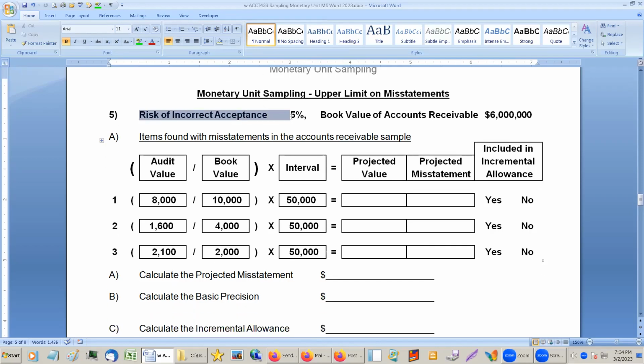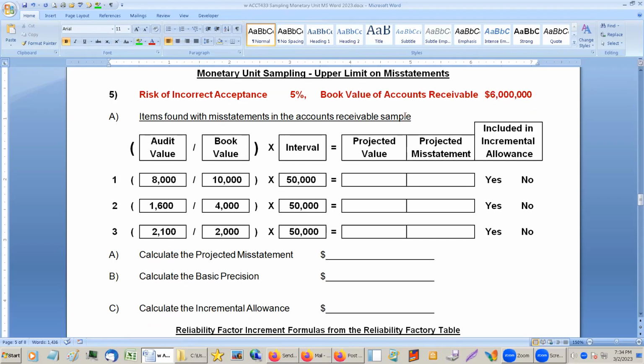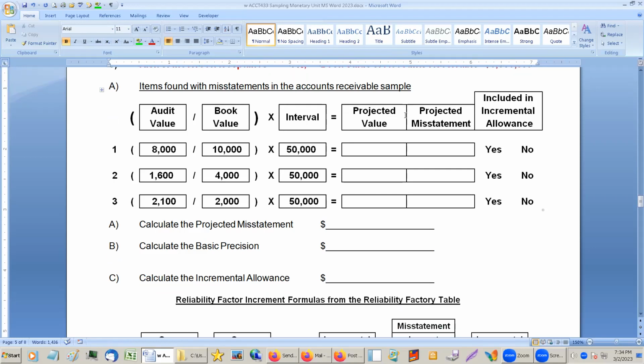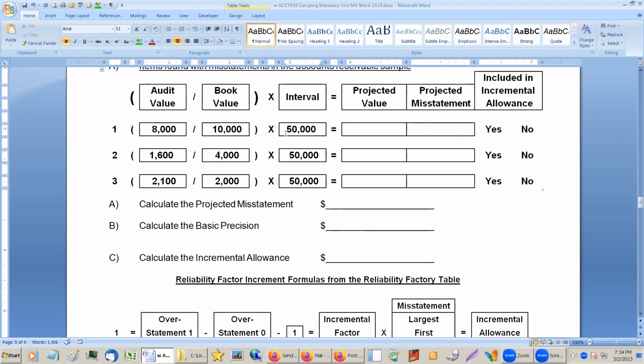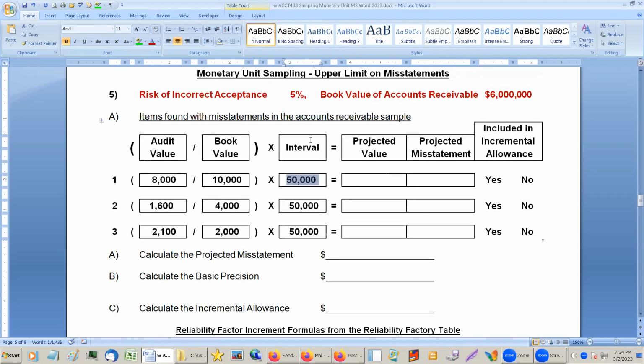Okay, risk of incorrect acceptance. We'll talk about this later. Book value of accounts receivable, 6 million. And here we have our items. Audit value, book value, and the interval for all of them is 50,000. Oh, here's a question for you.